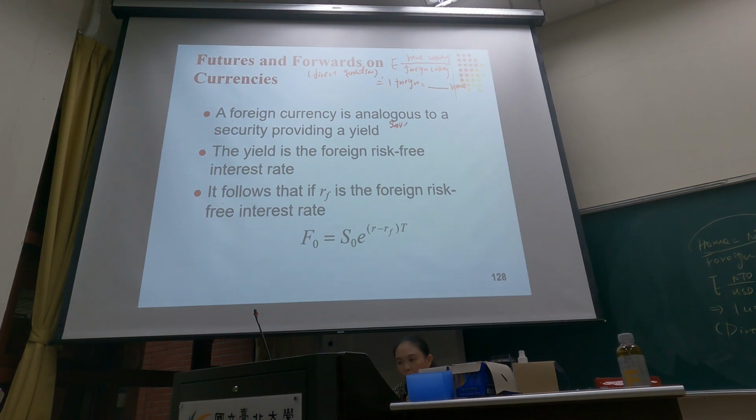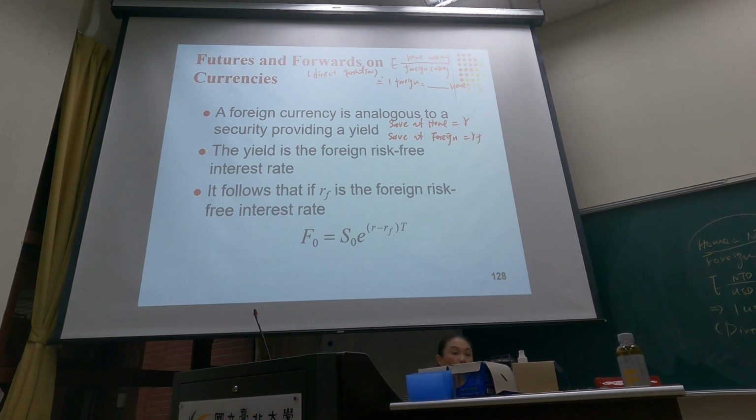Okay, so that means if you save at home, you get R, right? If you save at foreign, you get RF. F stands for foreign, not free. Okay? R is the interest rate in the domestic country.